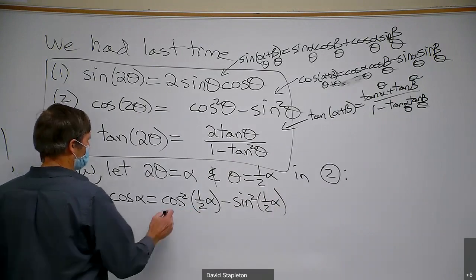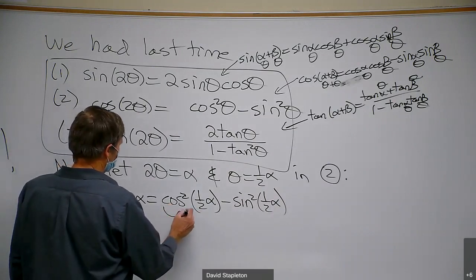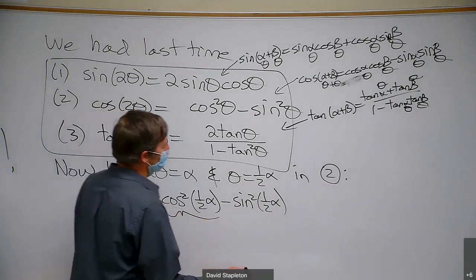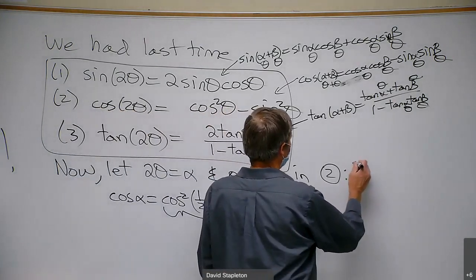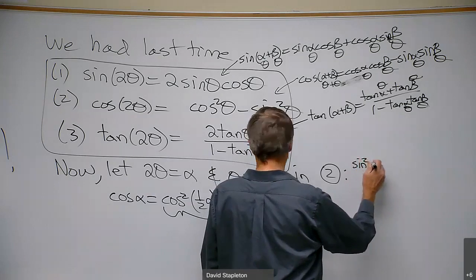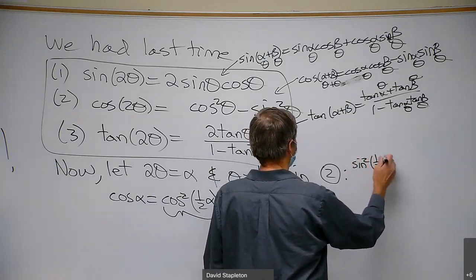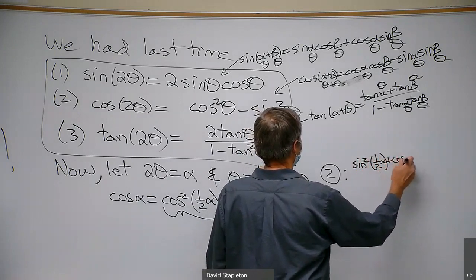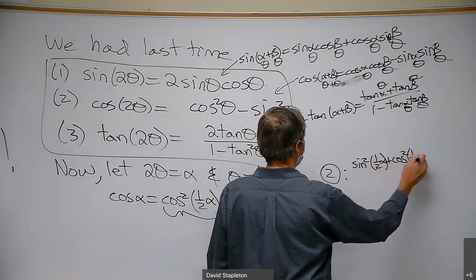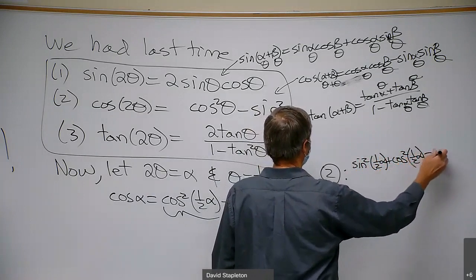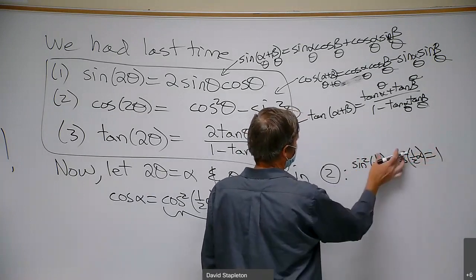Suppose I use the Pythagorean identity, right? By the Pythagorean identity, I recall that sine squared of any angle, let's say 1/2 alpha, plus cosine squared of any angle is 1, right? Let's just put theta.